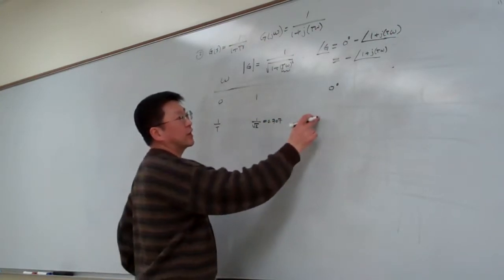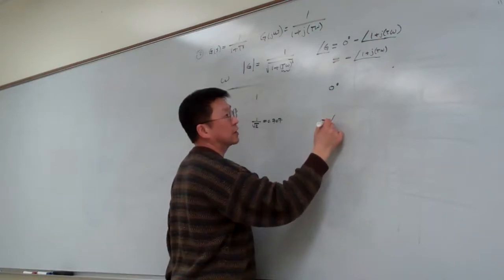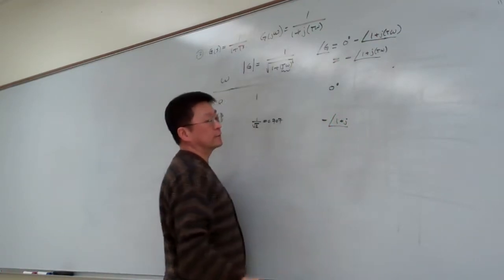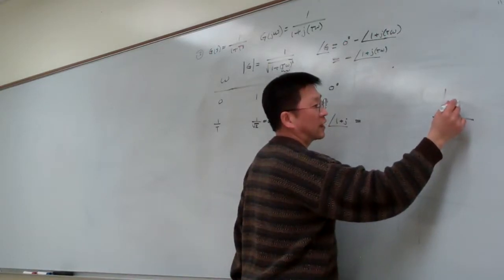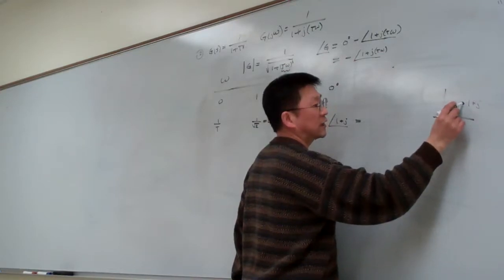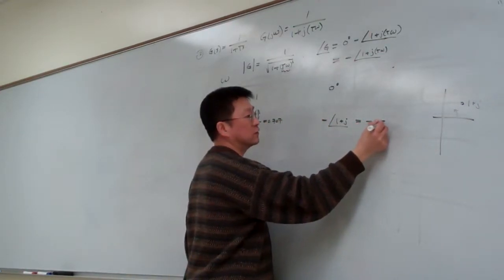And then for this case, when Tω becomes 1, basically that is minus the angle of 1 plus j. And what is the angle of 1 plus j? On the complex plane, 1 plus j is here. So that means its angle is 45 degrees. So here that basically is minus 45 degrees here.